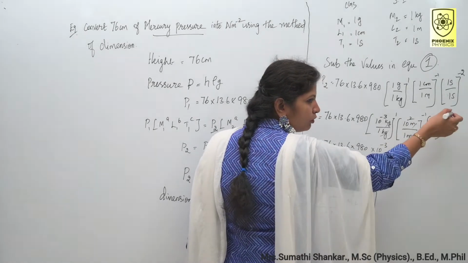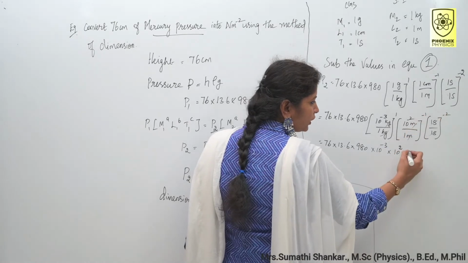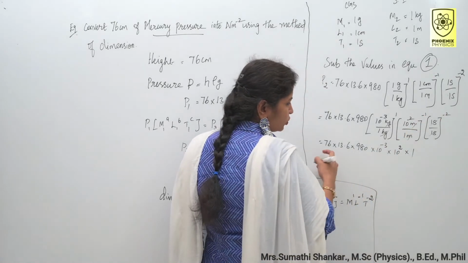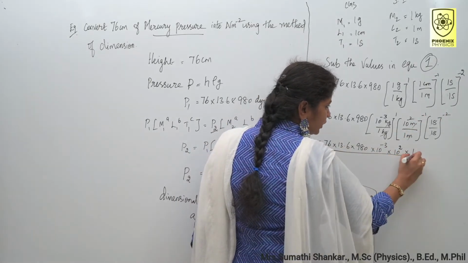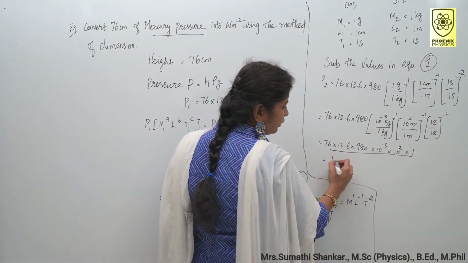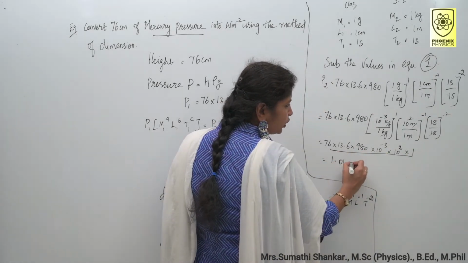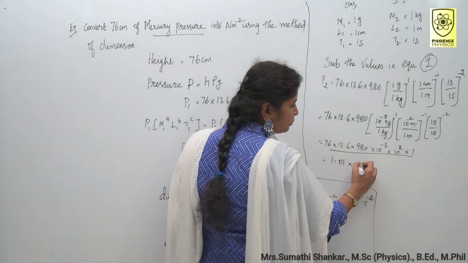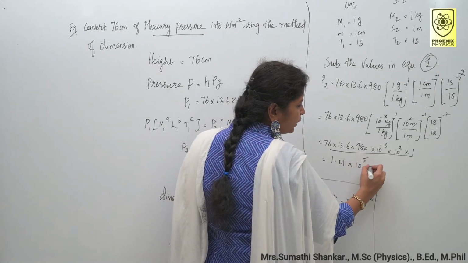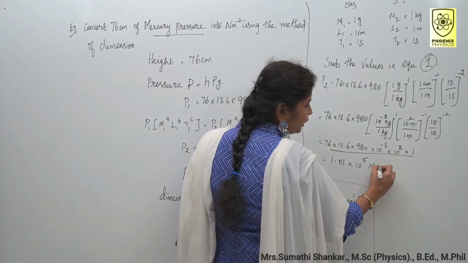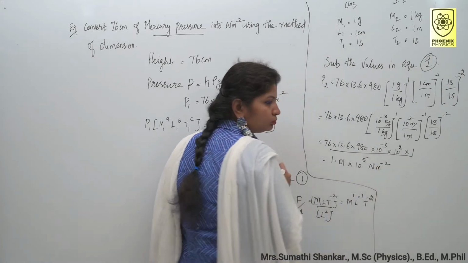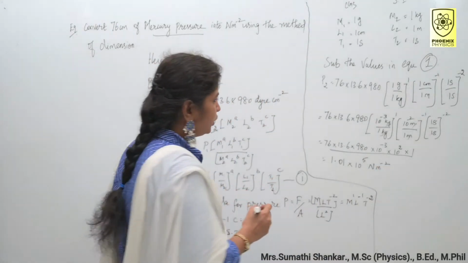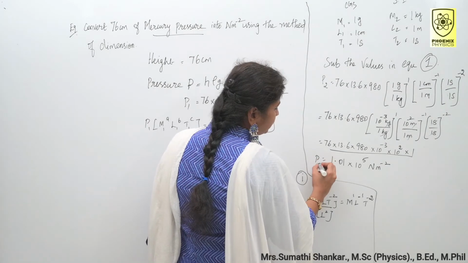Here 1 to the power of any number, you can get the answer as 1. So multiply these values, you can get the value as 1.01 into 10 to the power of 5 Newton meter minus 2. Up to this clear? So this is our pressure P2.